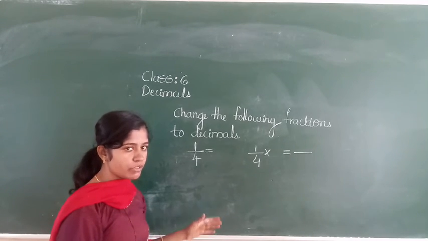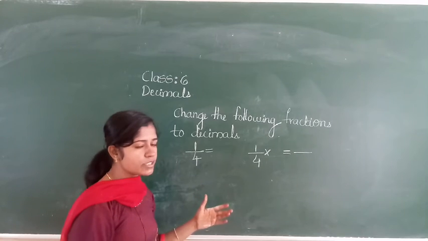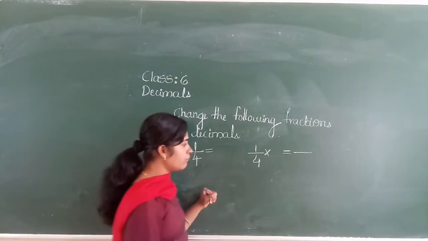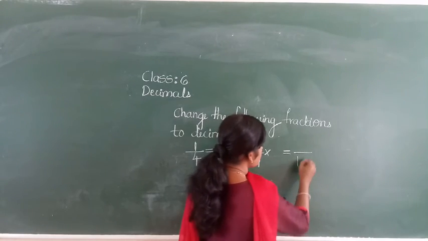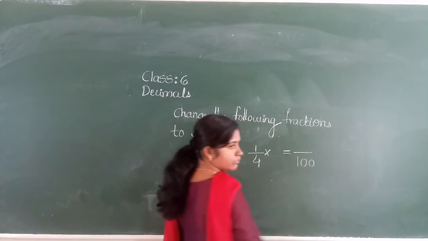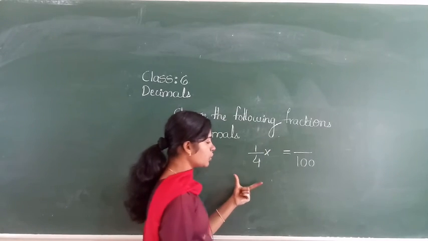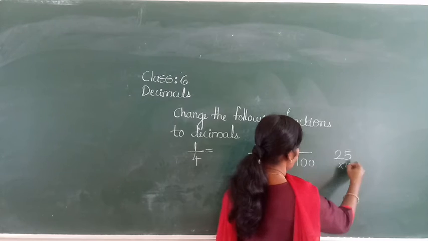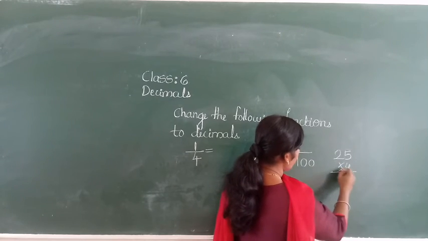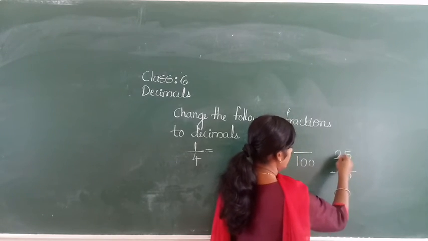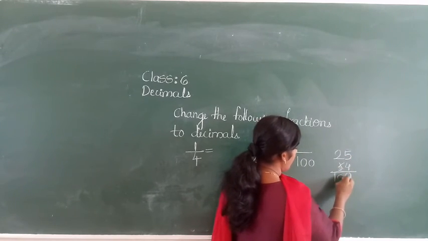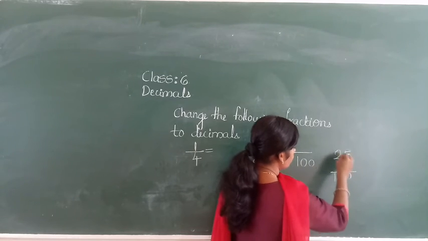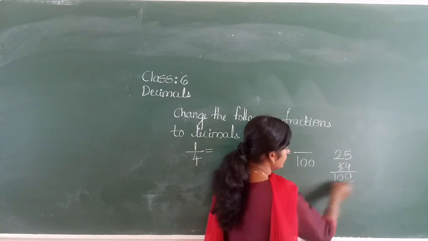Already you know the 4 times table, 10 is not a multiple of 4, but I can convert it into 100. Why? See here, because 25 4s, 4 5s are 20, 4 2s are 8, 8 plus 2 is 10.